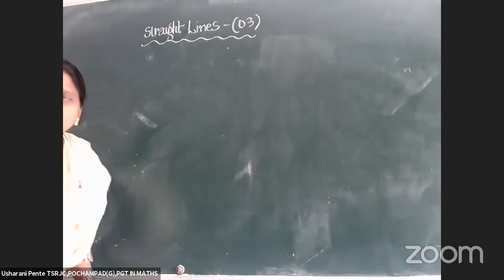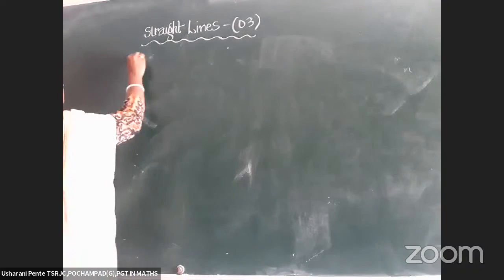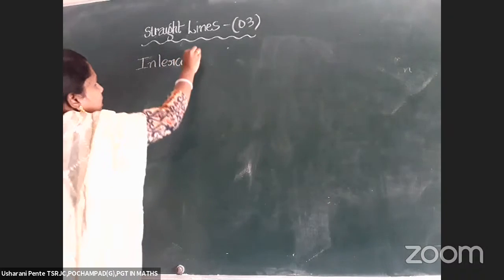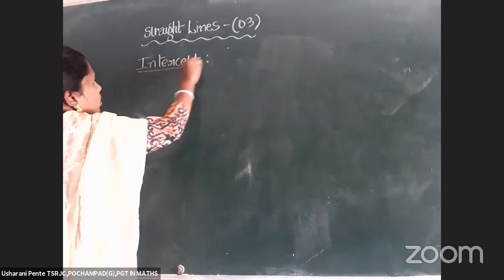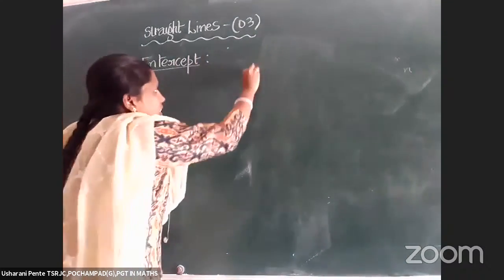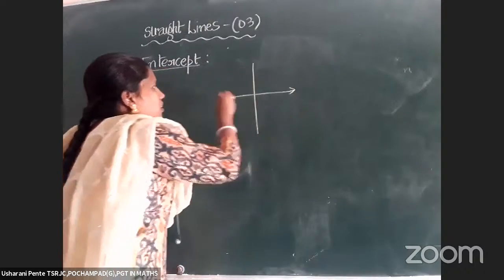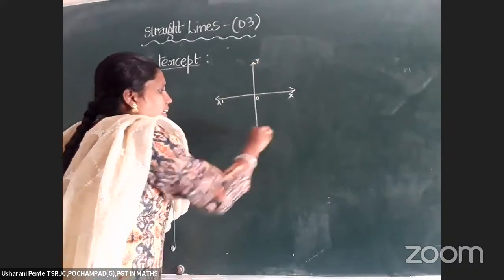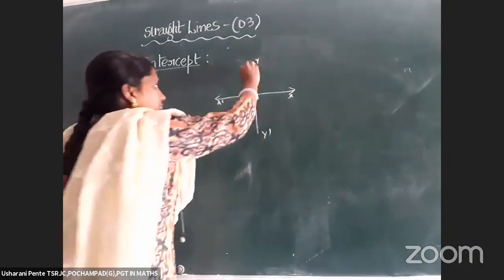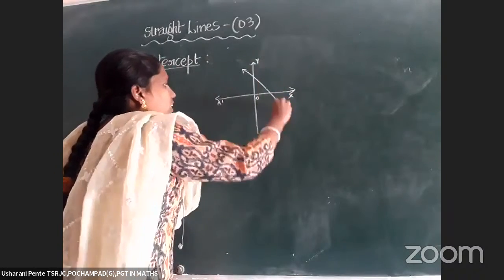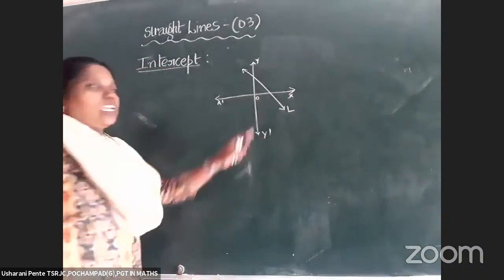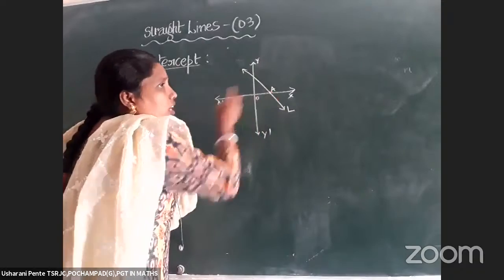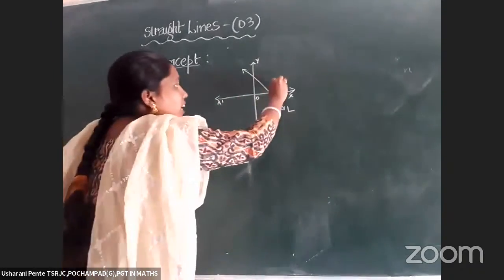What is meant by intercept? Take the x-axis, x dash, y dash, and consider a straight line L. If it intersects the x-axis at some point, let it be A, the point on the x-axis will be of the form x comma 0.